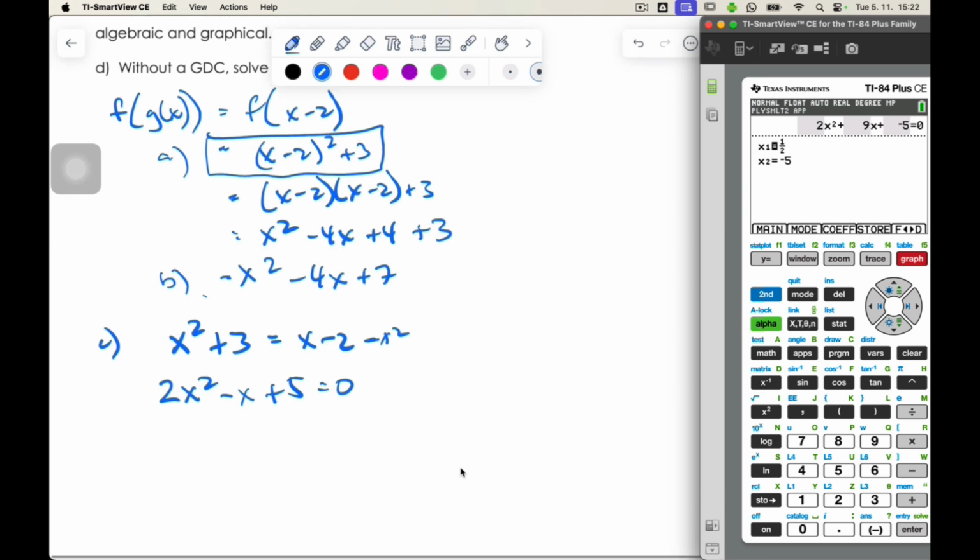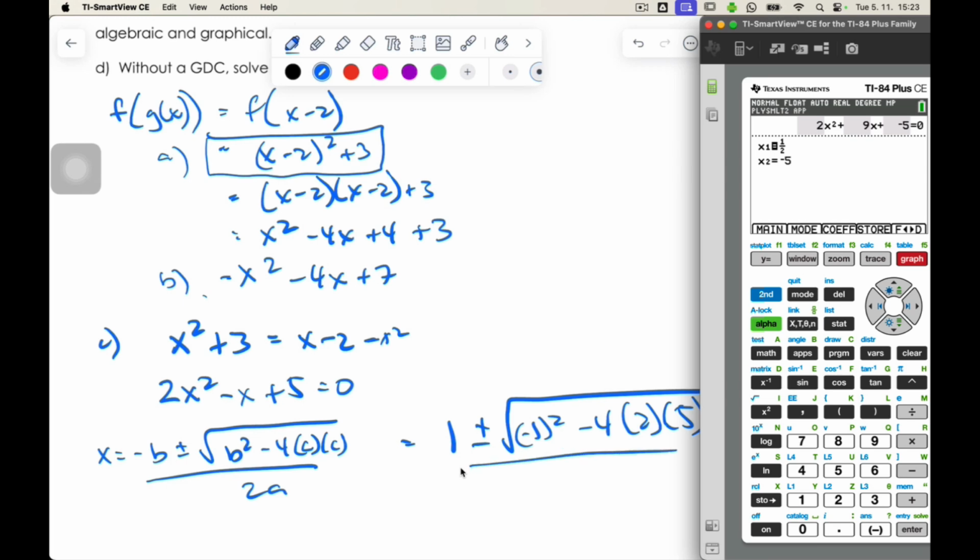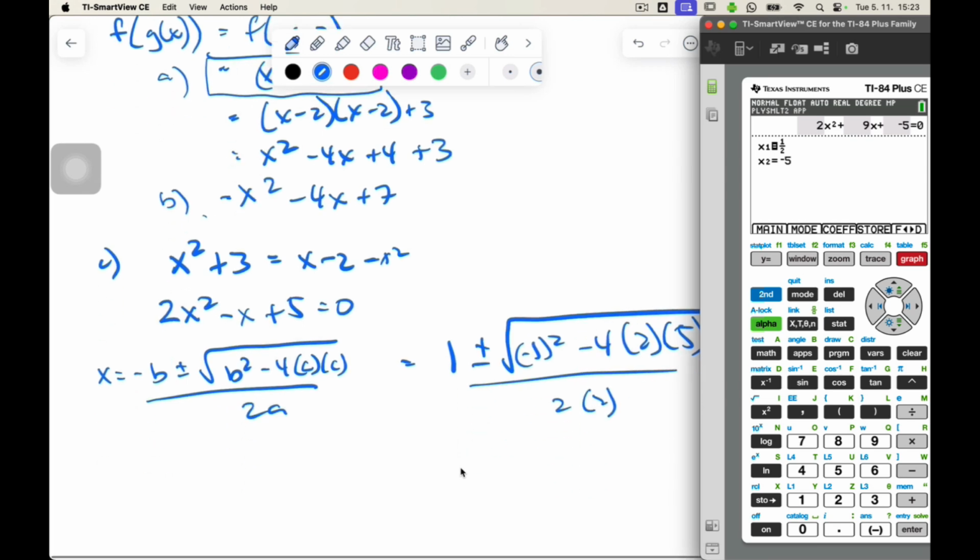And if I know there's no solution, I'm going to now go to the quadratic formula, which means x equals minus b plus or minus the square root of b squared minus 4ac over 2a. Well, that's going to be 1 plus or minus the square root of negative 1 squared minus 4 times 2 times 5 over 2 times 2.